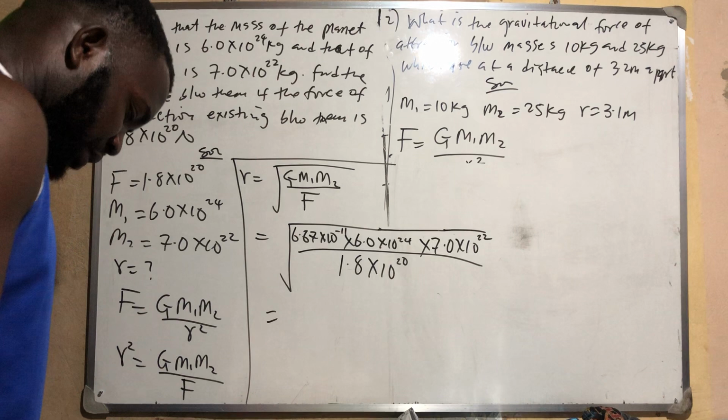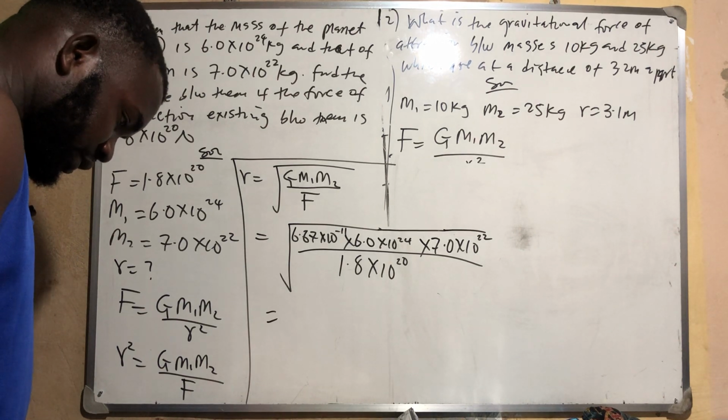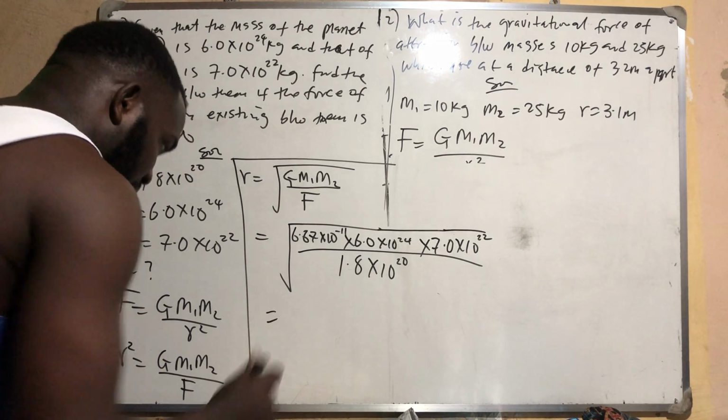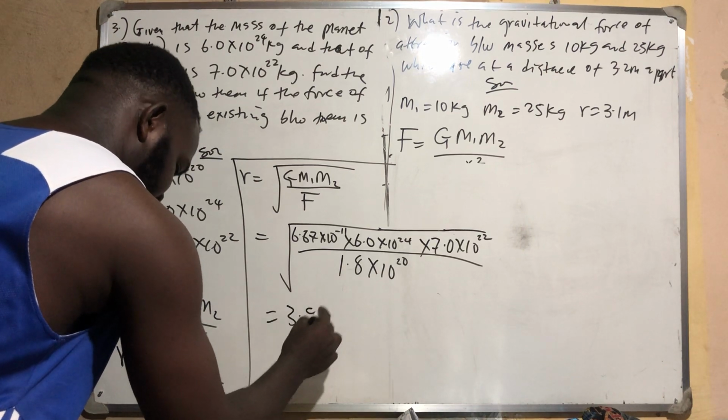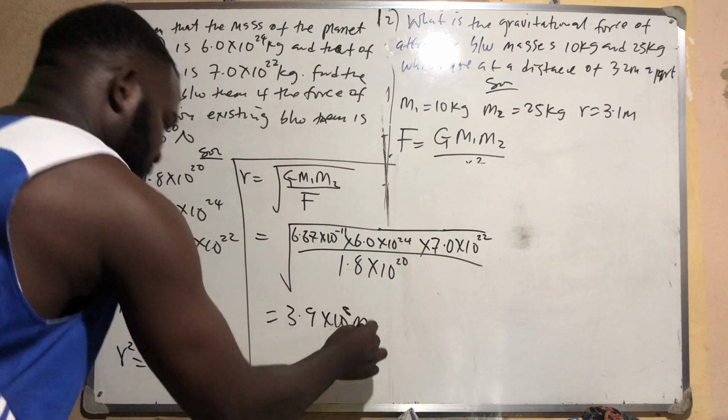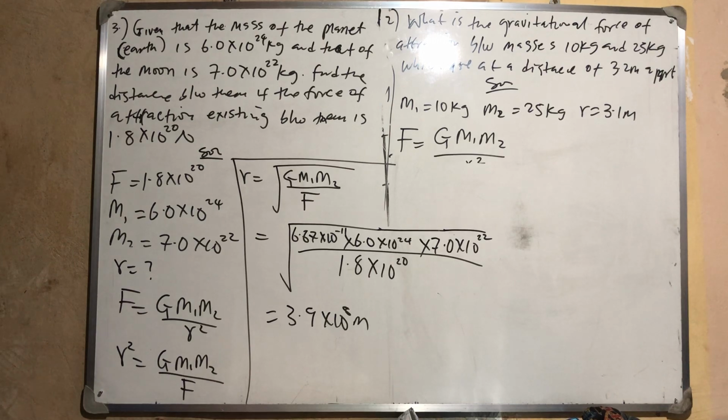Press everything inside before you press square root. Then you will get your answer as 3.9 times 10 raised to power 8 meters. So that is their distance apart.